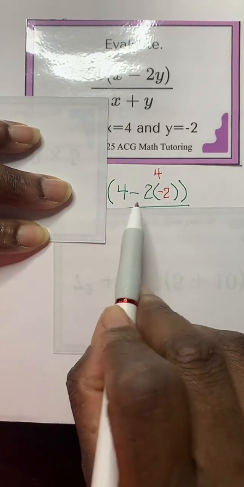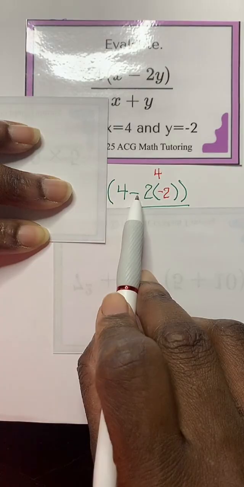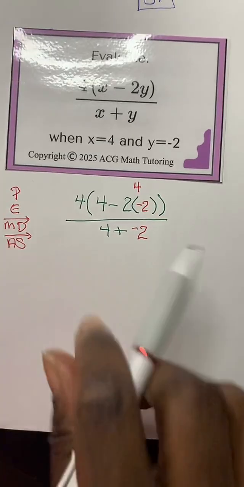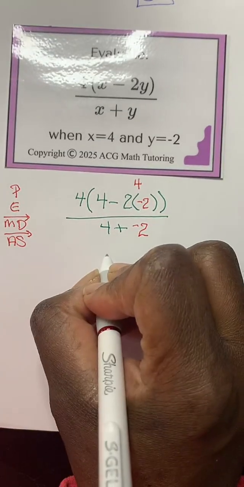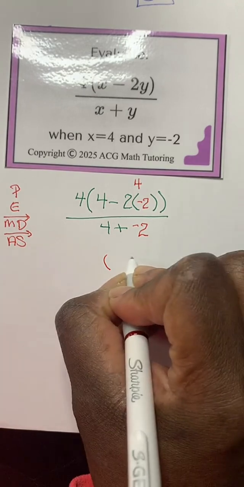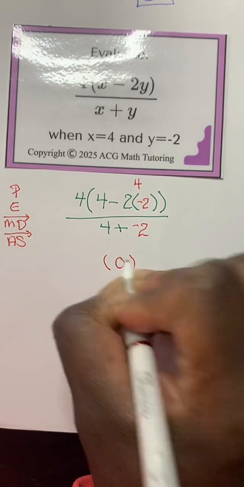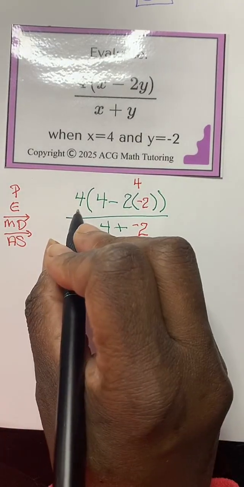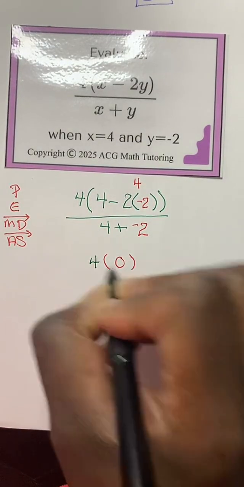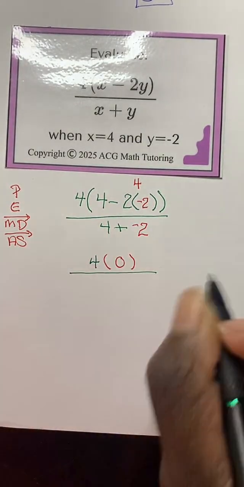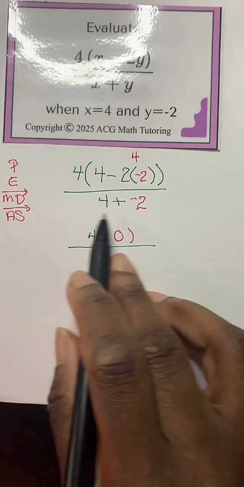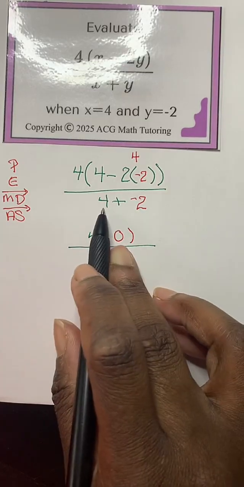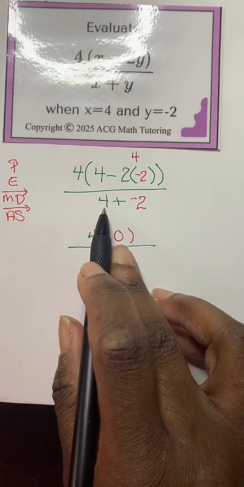Okay. So now we have our 4 minus 4. So inside this parenthesis, 4 minus 4, because it's still inside the parenthesis, is a 0. So the 4 that's outside this parenthesis comes down. Then underneath, we have our 4 plus negative 2. So 4 plus negative 2, I have $4.